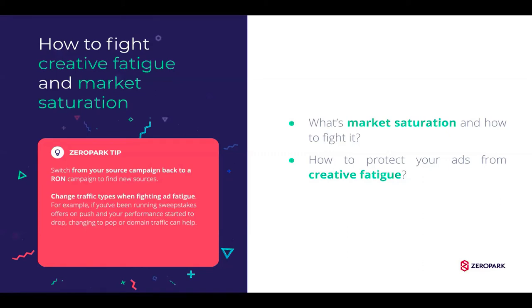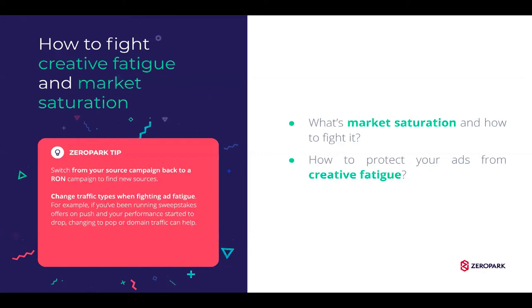But also, sometimes it's important to switch from a source campaign back to a run of network campaign. If you think about it, you're optimizing your campaign, you're identifying the top performing sources or targets, and you're running your campaign for a couple of weeks, maybe even a couple of months. And you start to see that performance is going down, because you're constantly bidding on those exact same sources and constantly showing the same offer on them.